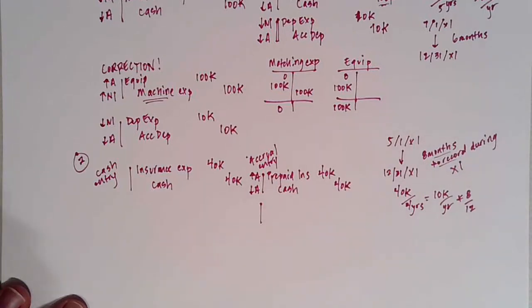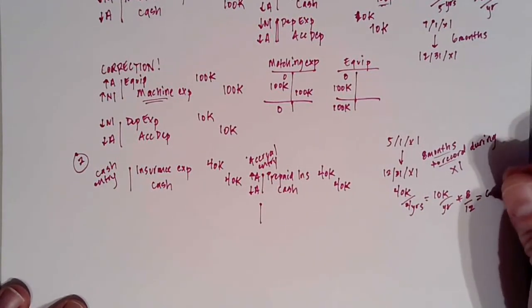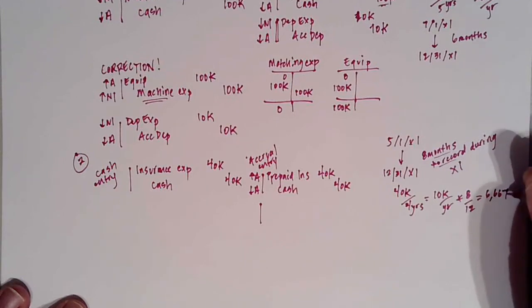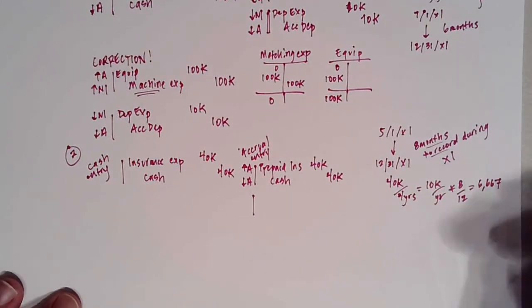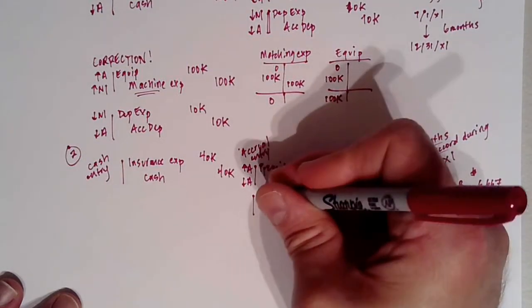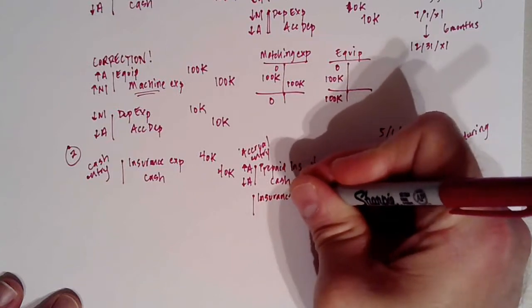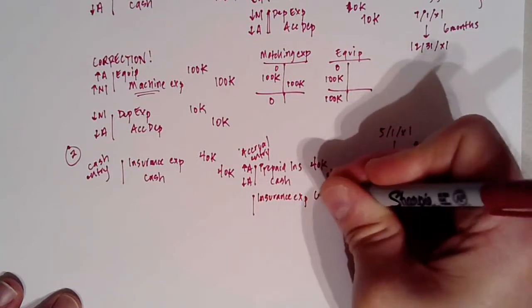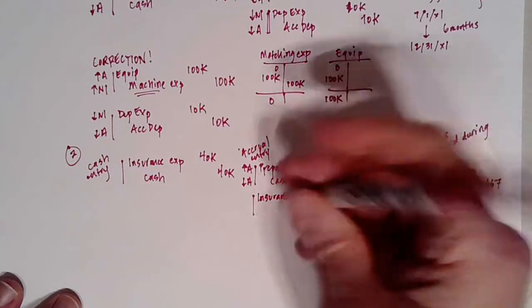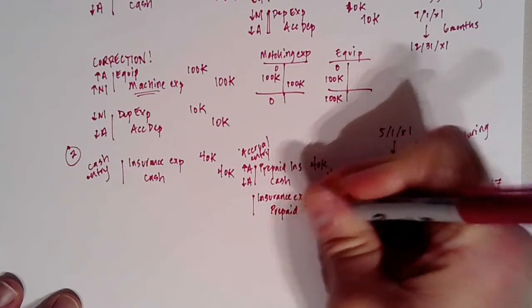So that becomes 8 over 12, which is 2/3, which means that we want to record $6,667 of expense for this year. So then we would adjust by recognizing our insurance expense of $6,667 and crediting the prepaid insurance asset.